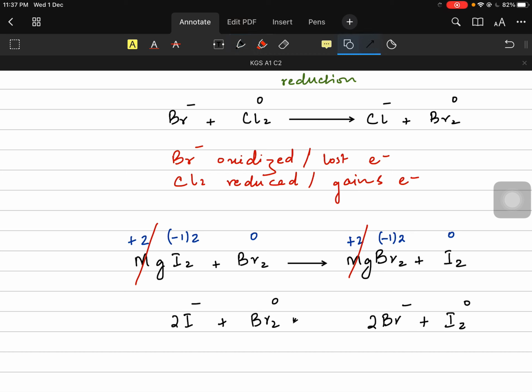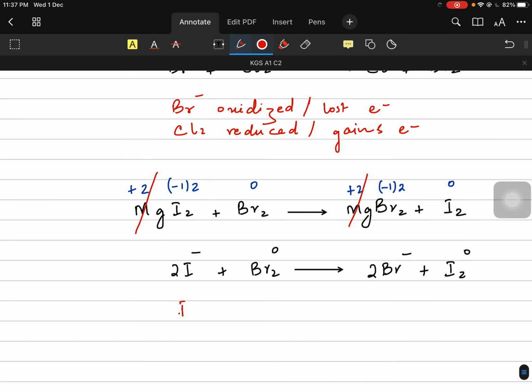So this reaction is all about iodide oxidizing itself from a minus to a 0. So it's an oxidation of the iodide atoms. Iodide is oxidized over here because it lost the electron. The oxidation number increases, that is what oxidation is all about.